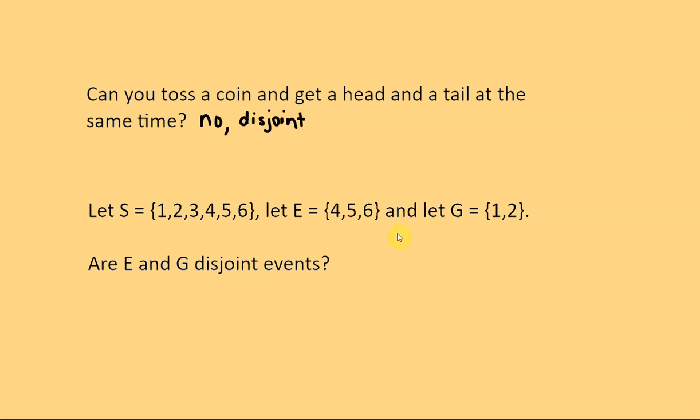There is nothing in common between E and G. So the intersection of E and G is the empty set. Therefore, these are disjoint events.